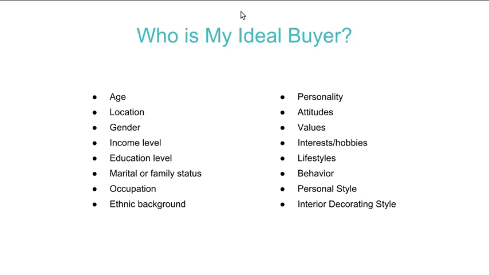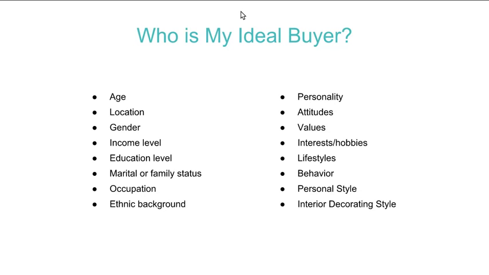Their interests, their hobbies. What do they do in their free time? Their lifestyle. Are they vegan? Are they a health food, fitness guru, or are they somebody that likes to veg out on Netflix and eat potato chips all day long? I mean, really figure out what they do with their life, how they behave.